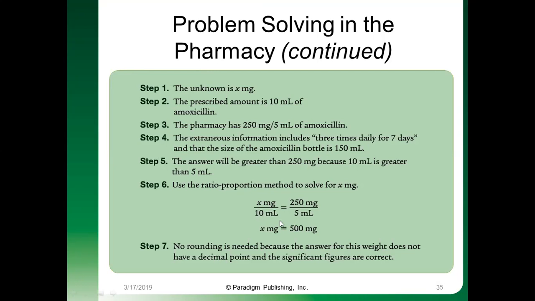So cross multiply: 5 times X, or 5X, is equal to 250 times 10 ml divided by 5, which gives us 500 milligrams. So there's no need to round since our number is already in the correct decimal answer.